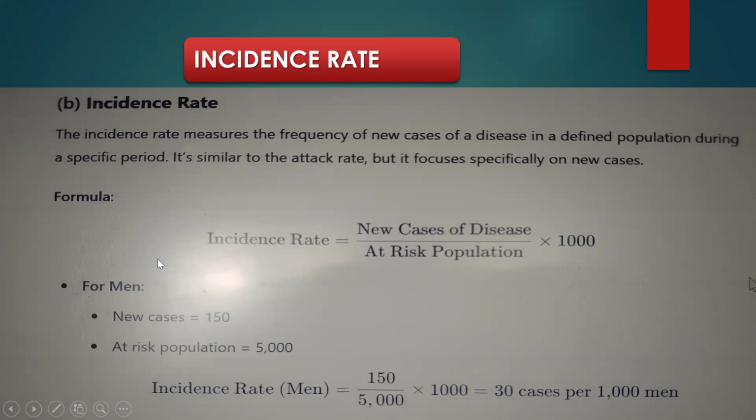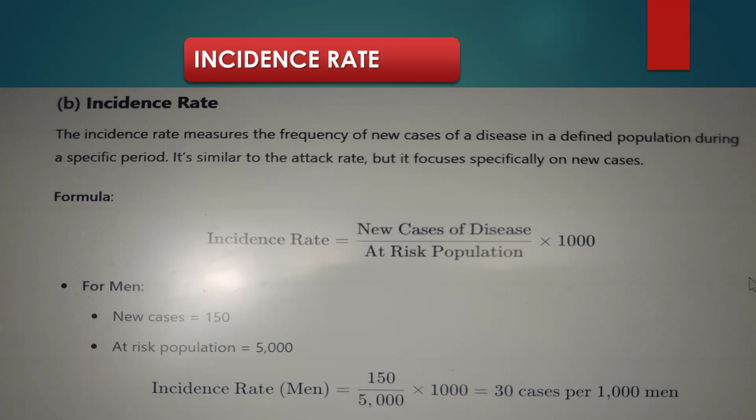So for this particular hypothetical example, the men we already know had 150 new cases of tuberculosis. So therefore, we substitute in the formula, and we have 150 over 5,000 times 1,000. And the answer we got was 30 cases per 1,000 men.